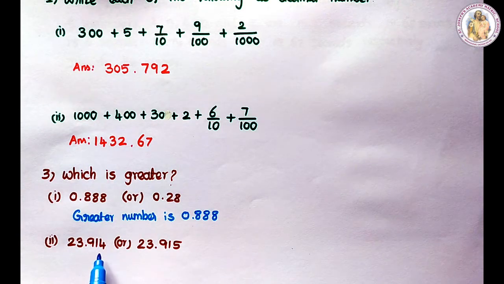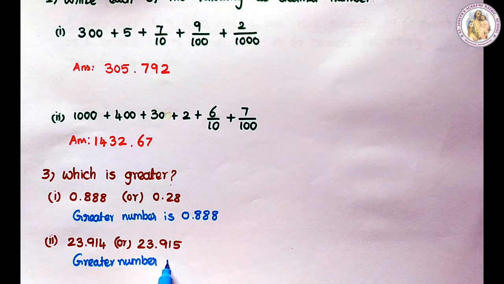That is also same. Next one, 1000th place, that is 4, here 5. So which one is greater? 5 is the greatest one. So greater number is 23.915. That is the answer.